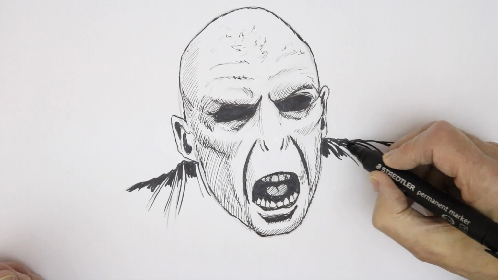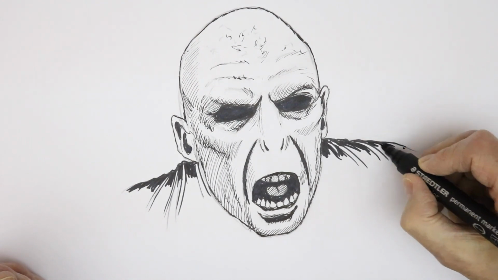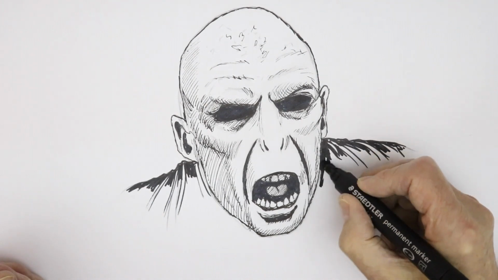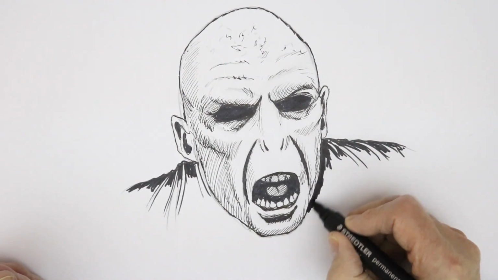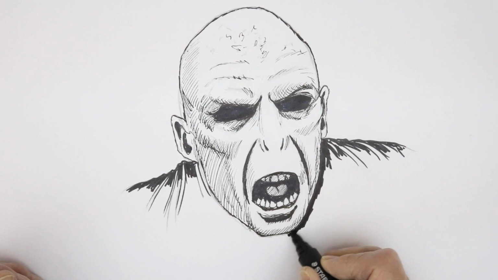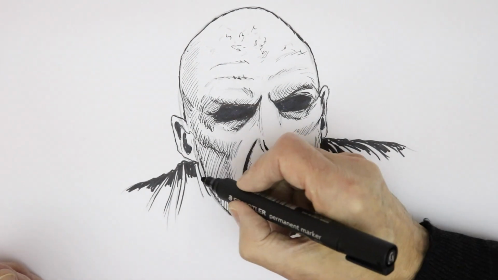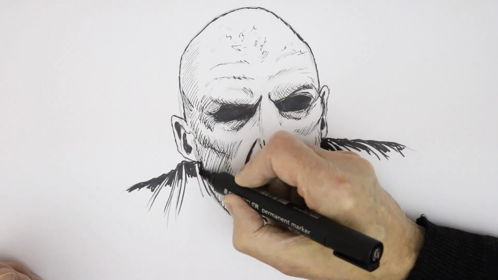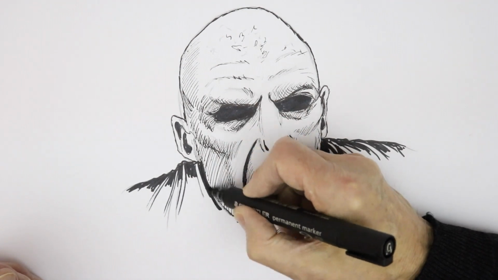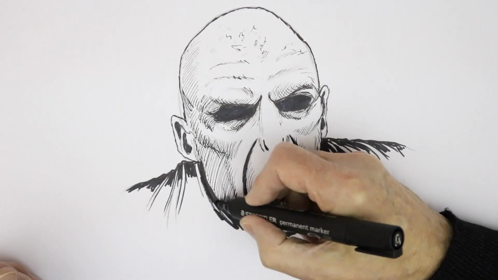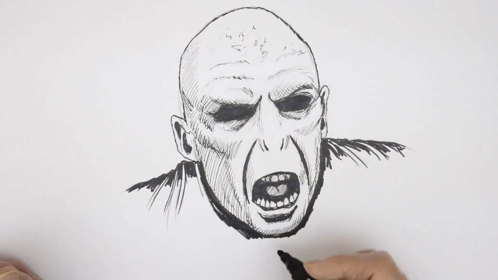I'll just start off along these lines here and round the side, around the bottom part of his face here. Bring that up to here, under the ear. Okay, just a bit more thickness there.